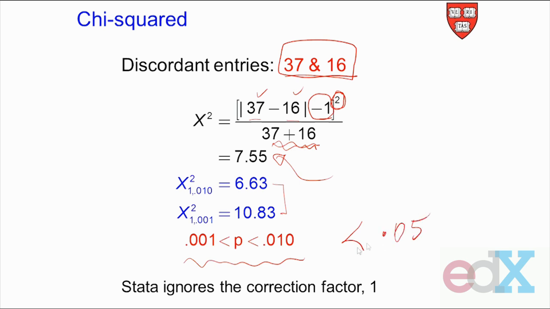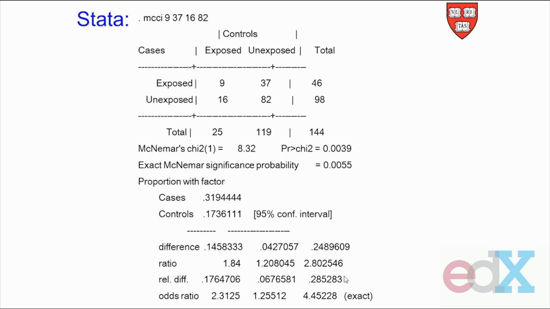So we would reject the hypothesis of equality here. If we feed it to Stata, there it is, and they get 8.32 instead of 7.55. But qualitatively, it doesn't matter because the p-value is still less than 0.05. This is called the McNemar test.